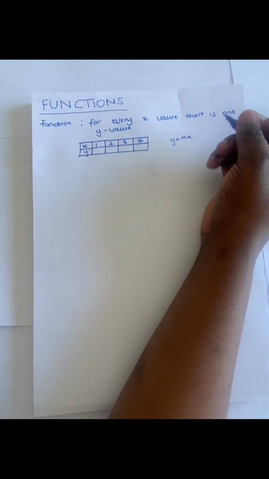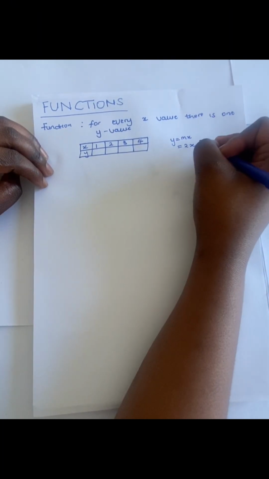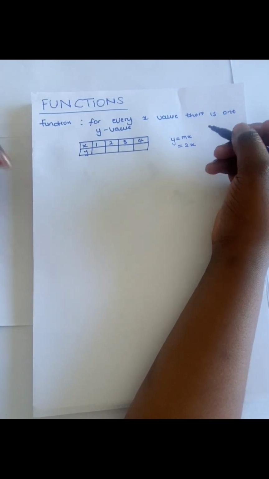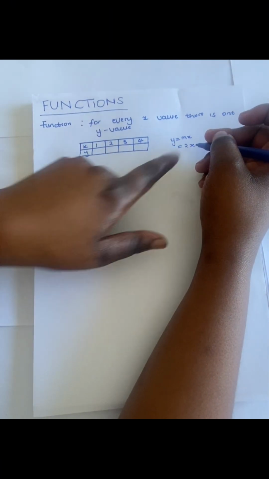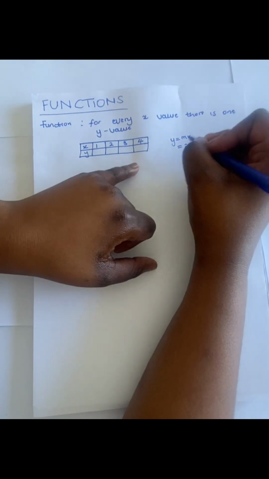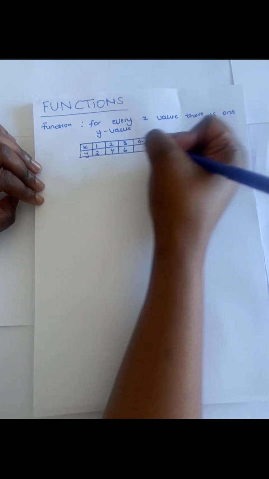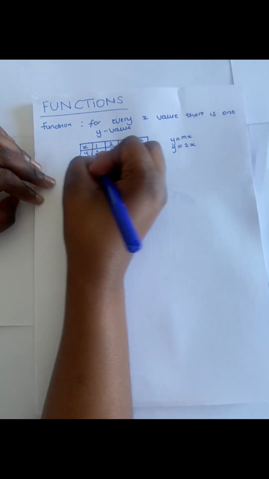Okay, so let's say that y is equal to 2x, and then in the place of x you have to put these top values. So if you put x here, so it's going to be 1, y is equal to 2 times 1, which will be 2, and 2 times 2, 4, and 2 times 3 is 6, and 2 times 4 is 8. And these are coordinates.